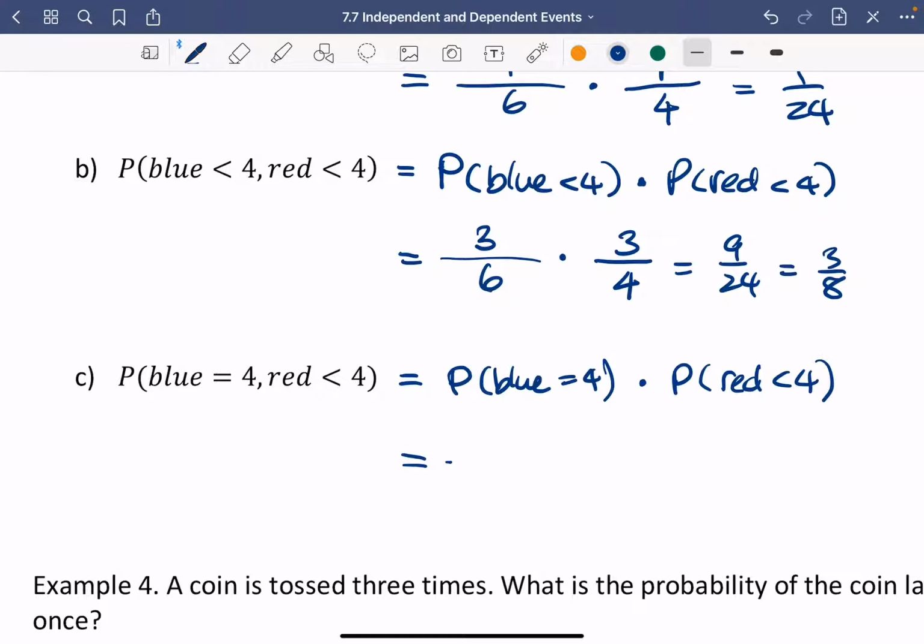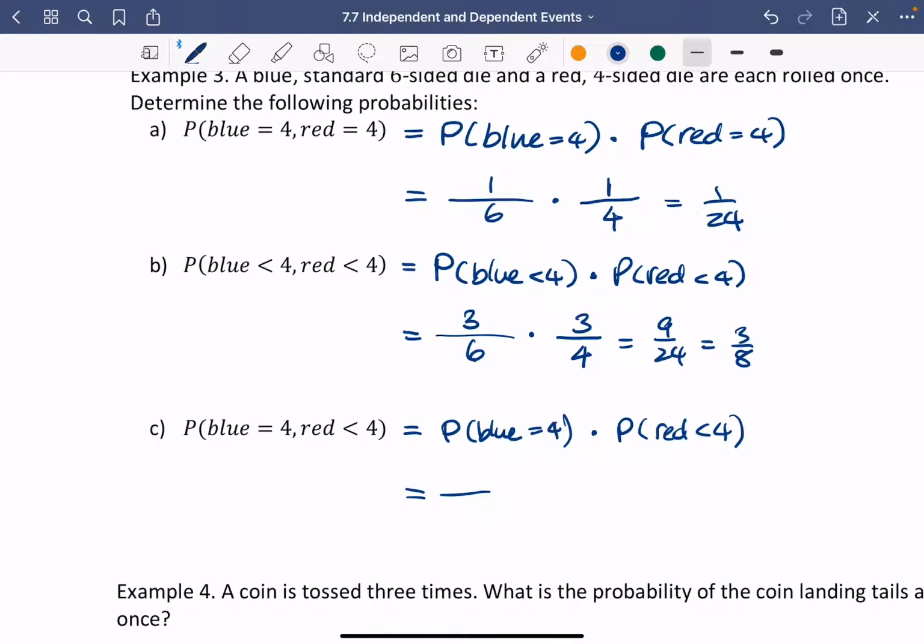Blue equal to 4, there's only one 4 out of the 6 sides. Red less than 4, so there are 3 possible choices, and then in total we have 4 outcomes. So that's 3 over 24 or just 1 over 8.